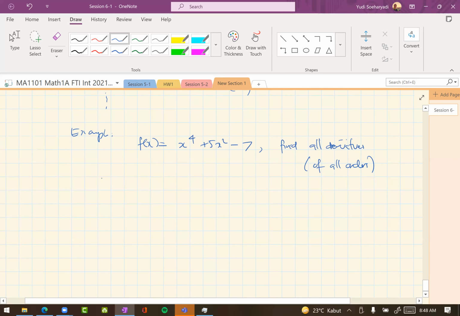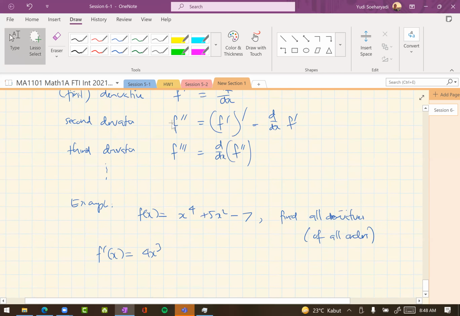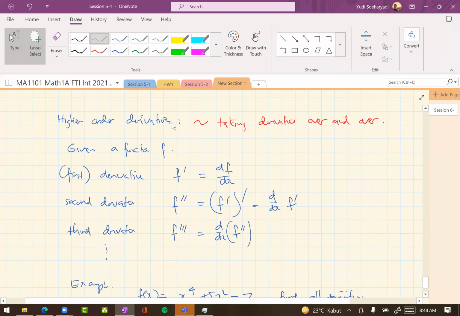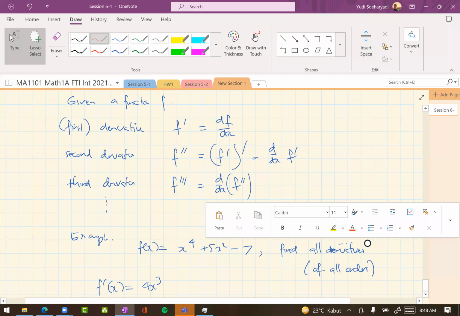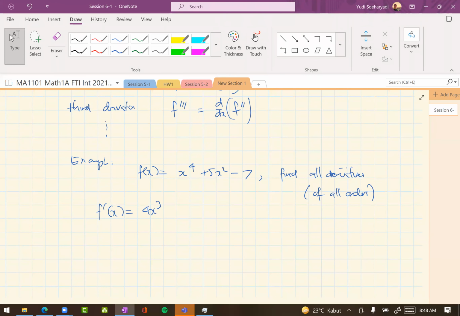Okay, so compute this. First derivative, that's easy. Plus 10. Sorry, this is kind of an error. Uh, 10x, yes.